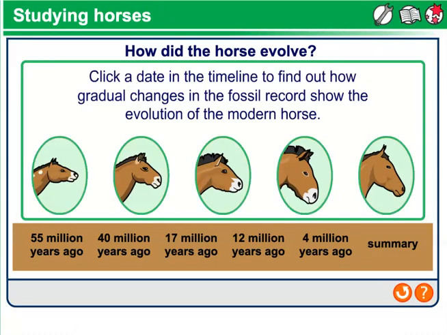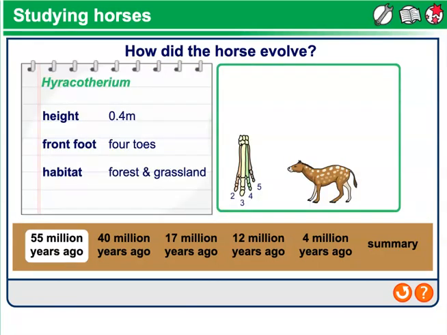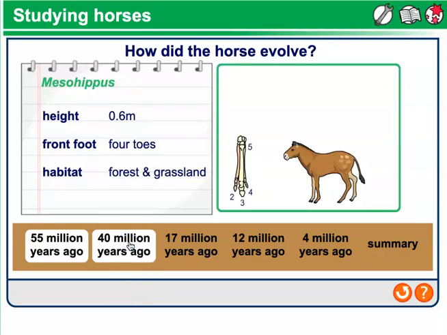So let's look at the fossil record of horses. Some of the earliest organisms thought to be relatives of horses had differences. As we work our way through the fossil record, we notice this idea of descent with modification.